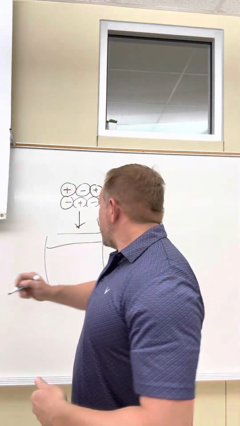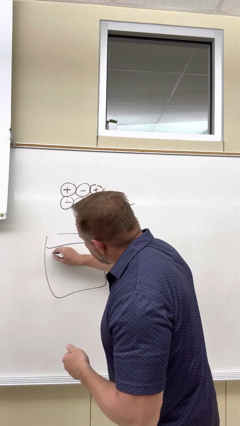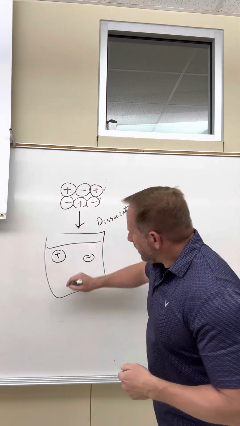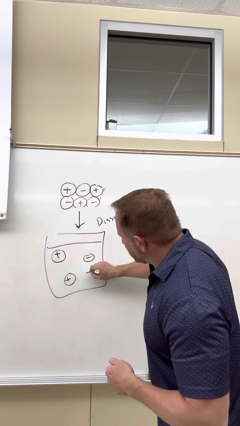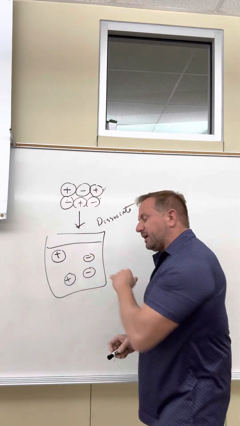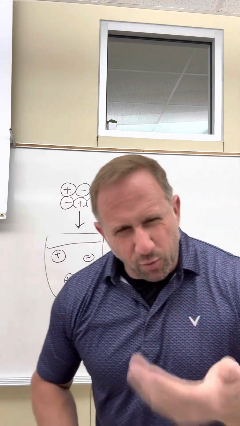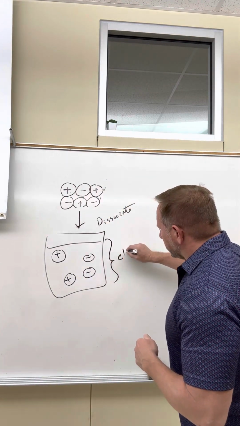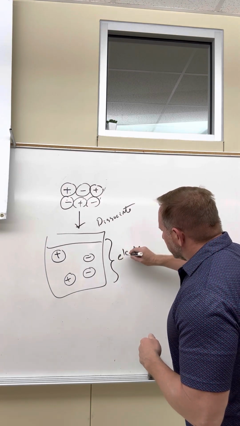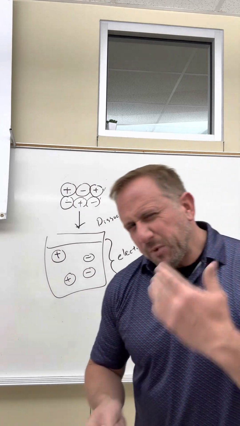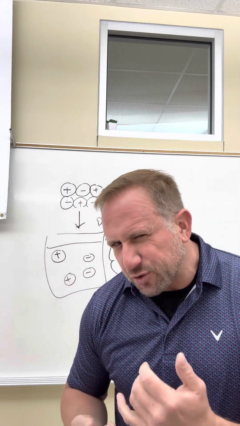So what we say is that when we put these ionic compounds into water, they can dissociate into their ions. And of course, we call this type of solution an electrolyte or electrolytic solution, which means we have free-flowing positive, negative charges.